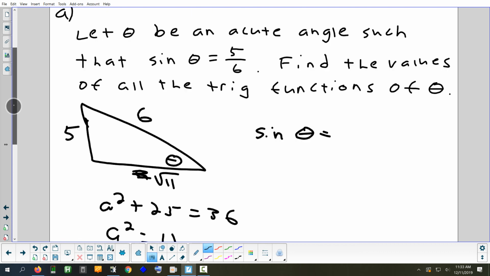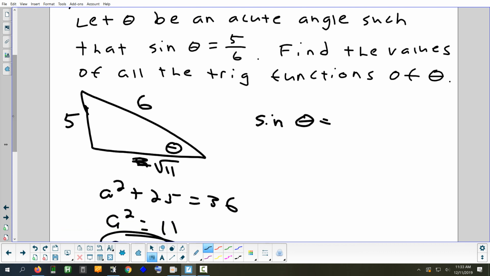So let's write down all 6. What's the sine? Yeah, 5/6. What about the cosine? Square root of 11/6. And tangent.